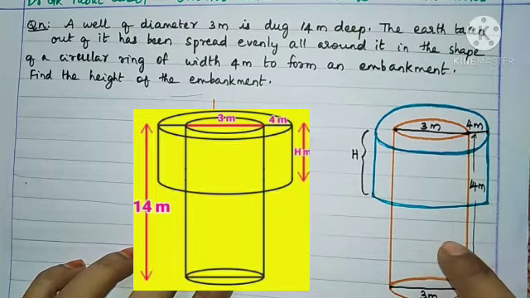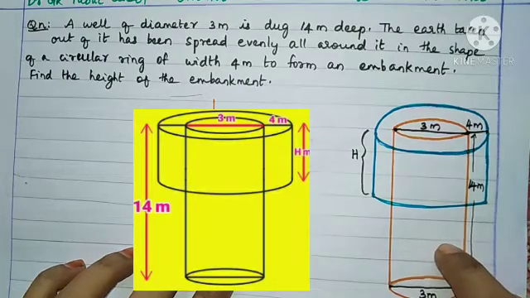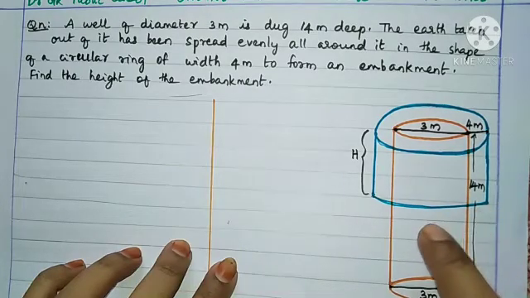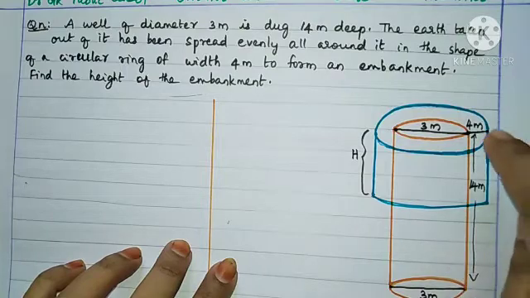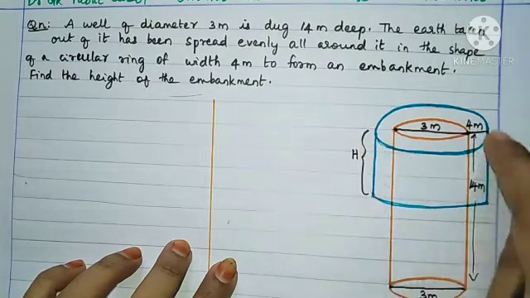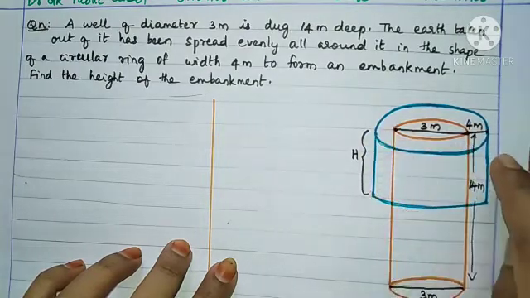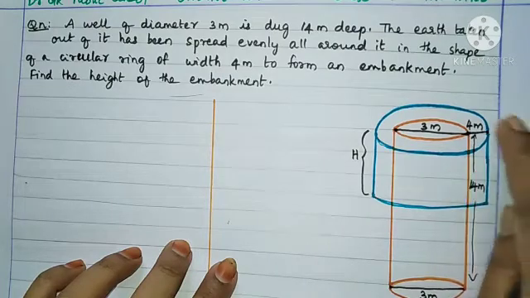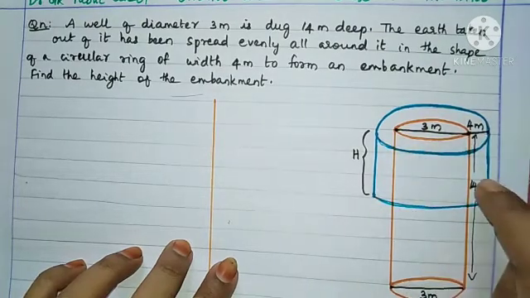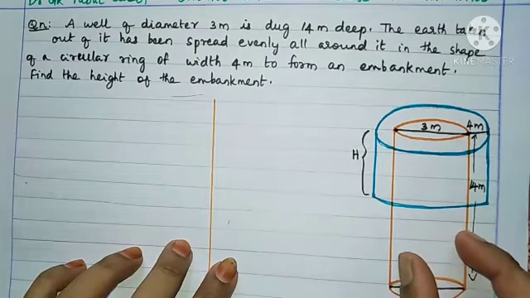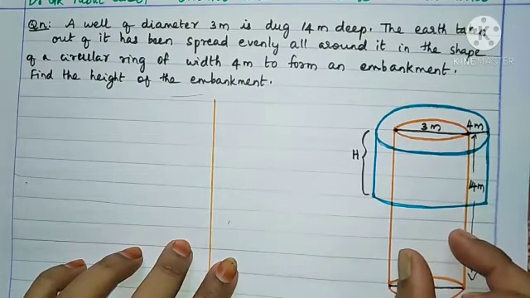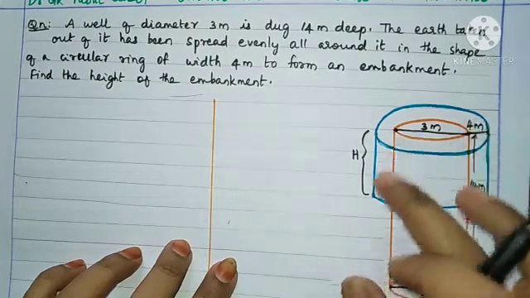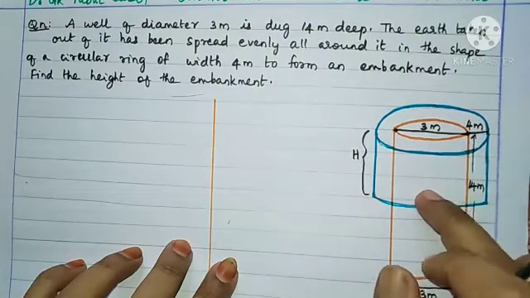The earth dug out from the well is equal to the earth used for constructing the embankment. That is, the volume of the earth taken from the well is equal to the volume of the embankment constructed.